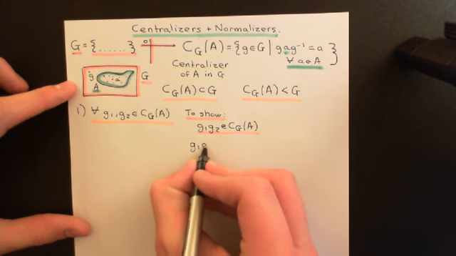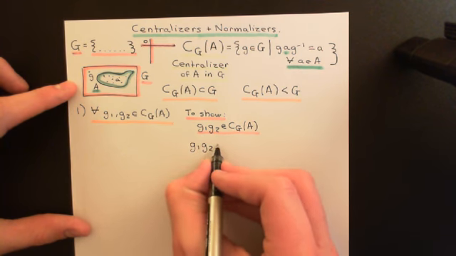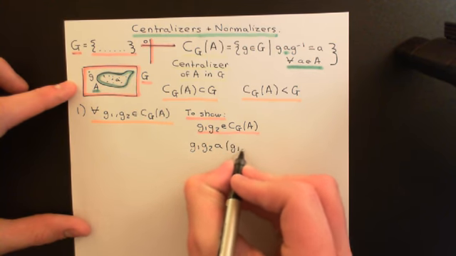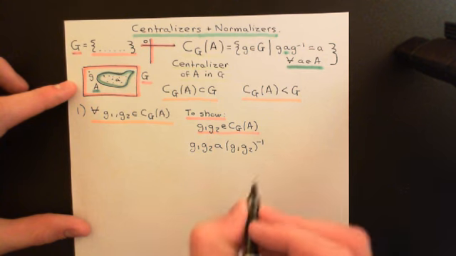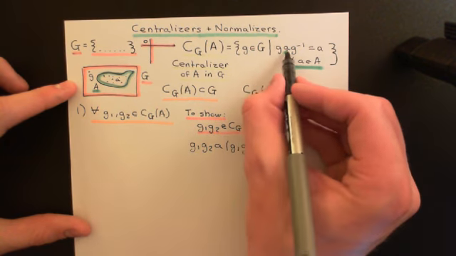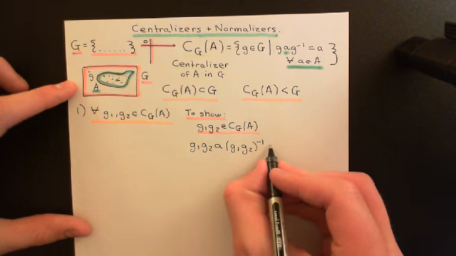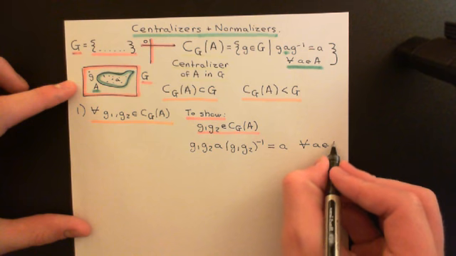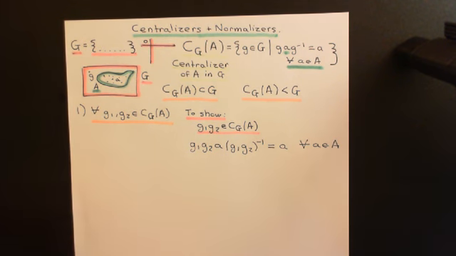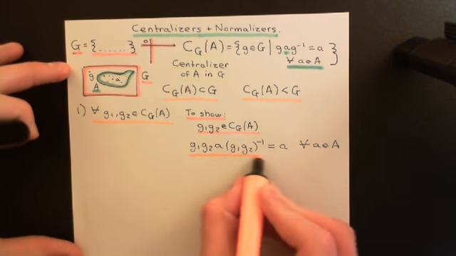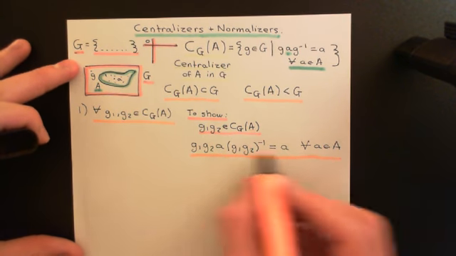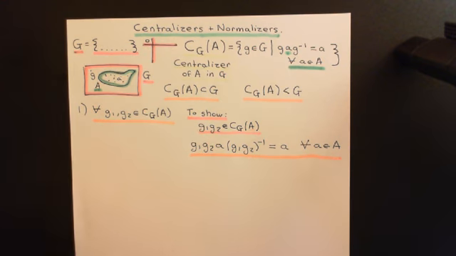So we need to show that g1 g2, conjugating the element little a, so let's put the element little a in the middle, and then we need g1 g2 inverse here, okay, so I'm just conjugating the element little a by g1 g2 here. We need to show that this is equal to little a for absolutely all little a in this subset capital A. Okay, so this is what we need to show. Showing this is absolutely equivalent to showing this. This is just the definition of what it means to be in the centralizer of A in G.